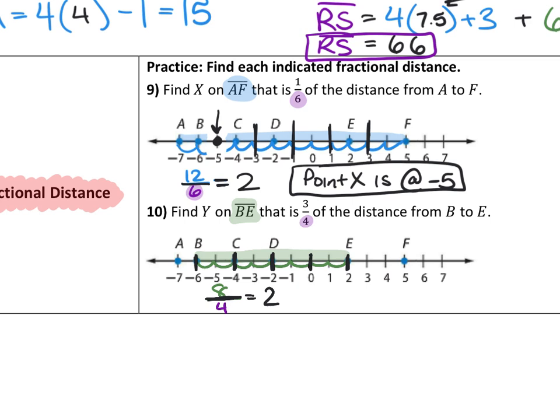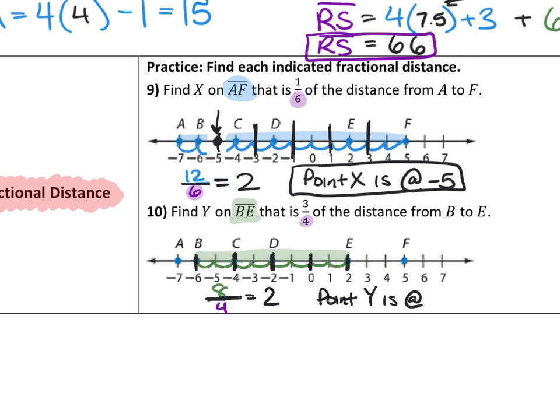But the question here says find point Y so that it's 3 of those 4 away. What number is Y at? So if we want to jump 3 of them, 1, 2, 3. What number is it at? 0.